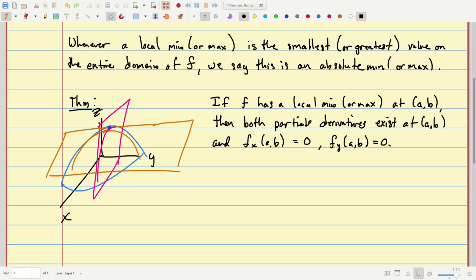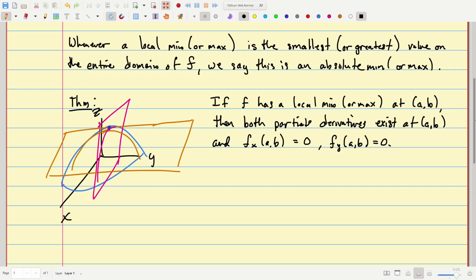Now, there are many, many different types of surfaces than the one that I sketched out here, okay? It happens to be the case that f partial x and f partial y both have local maxes at the point in question. That is not a requirement. The only requirement is that the first partials are equal to 0.